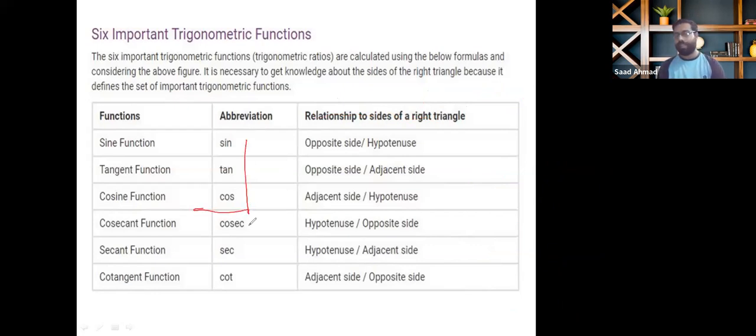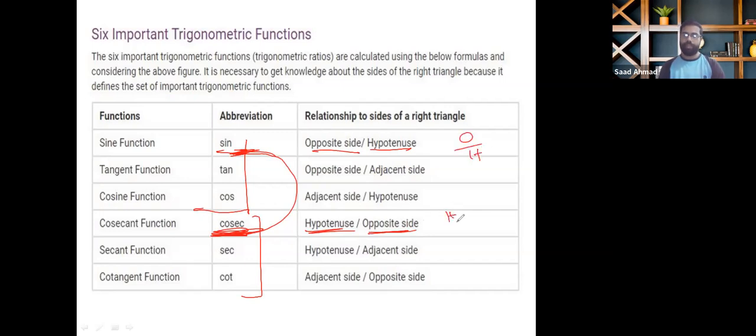The 3 basic, and the remaining 3 are the reciprocals of these. Like you see, when it was sine, it was opposite over hypotenuse, but the cosecant is related with the sine. That's hypotenuse over opposite. So it was O over H, now it's H over O. Similarly, this is tan and cot.